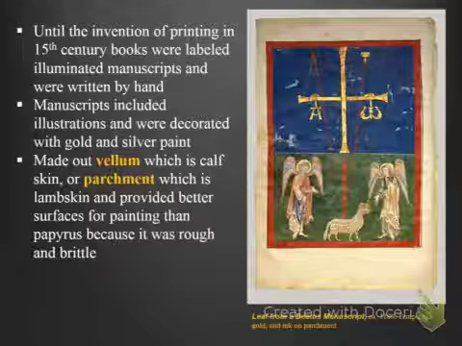And this was a much better surface for writing than papyrus, which is what we saw when we talked about the Egyptian cultures, which was much more brittle, but vellum is a much stronger writing surface. But if you watch the videos, then you know how involved it is to get the skins to the position to where they can actually write and illuminate.